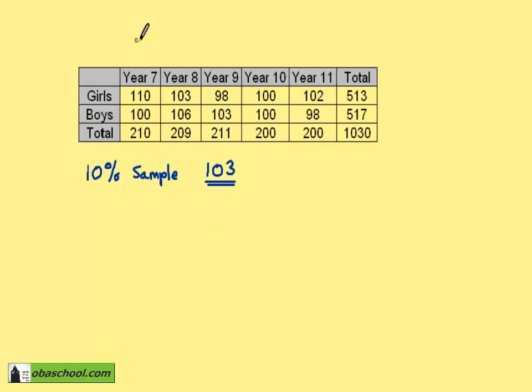Let's suppose instead that the question we're asking is more likely to be answered differently according to the age of the child rather than their gender. In that case, we might want to stratify by year group. So let's consider stratifying by year.